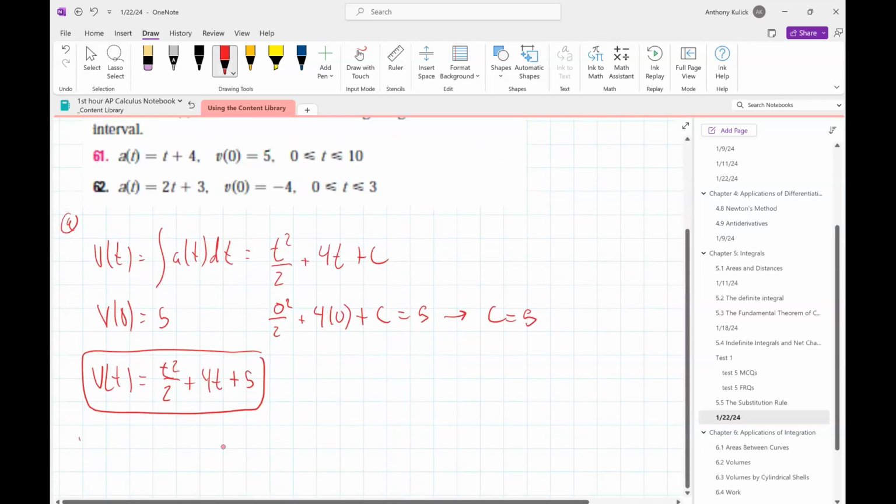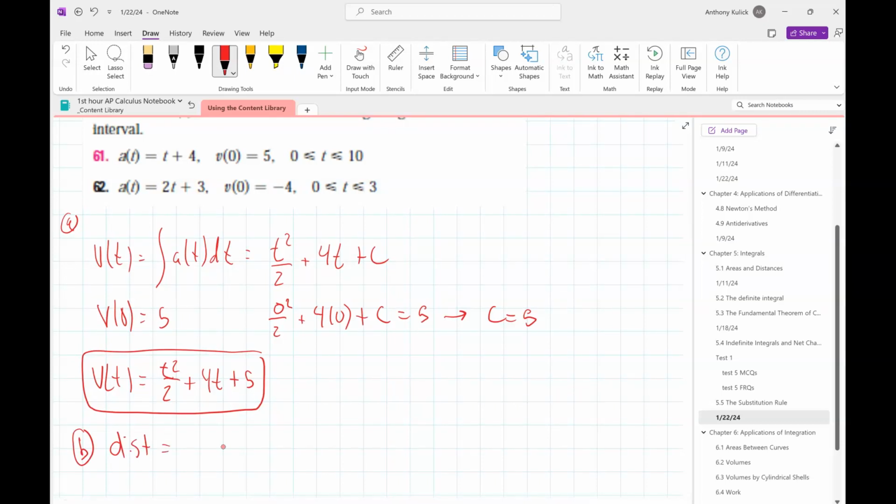And then for part B, it wants the distance traveled. So that's going to be the integral from 0 to 10 of the absolute value of v of t dt.